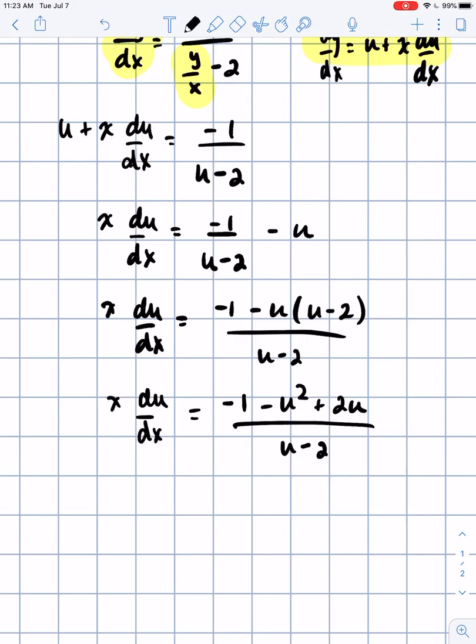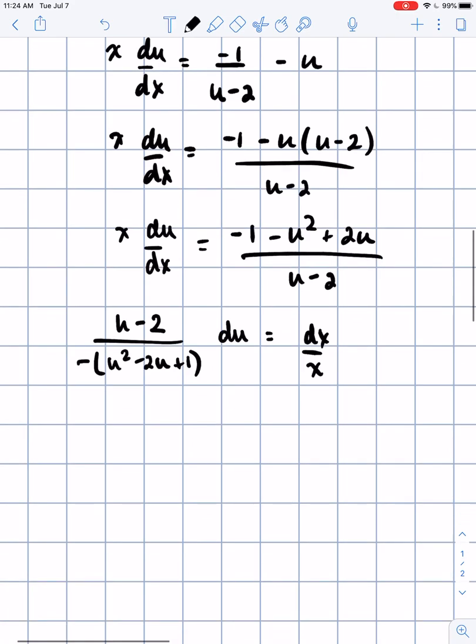All right, now from here, we could separate and integrate. So I'm just going to do the reciprocal of the fraction here. I'm going to rearrange some things, bring out a negative, and put this as u squared minus 2u plus 1 du, and then that's going to equal dx over x.